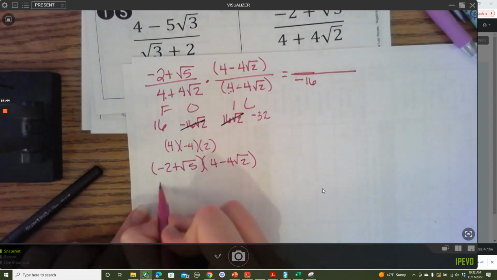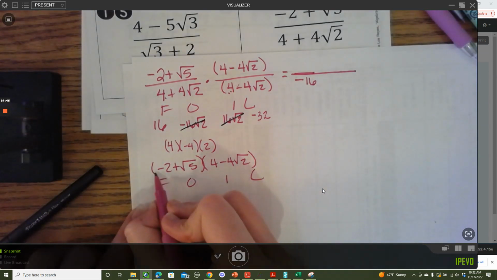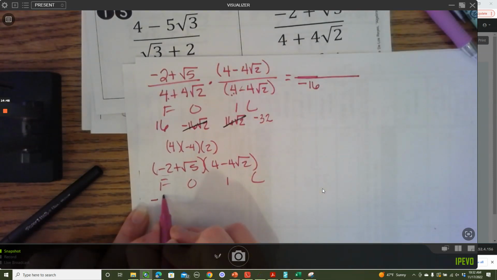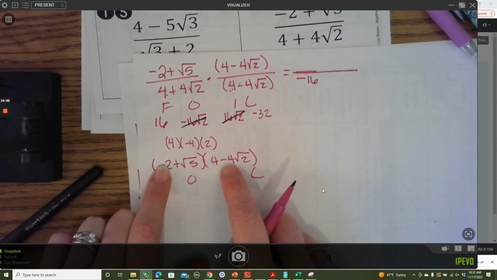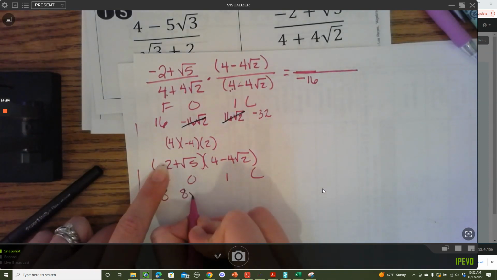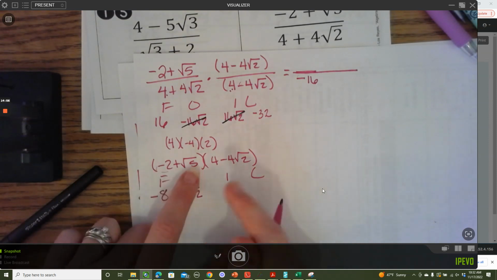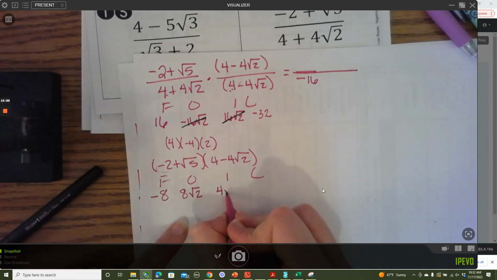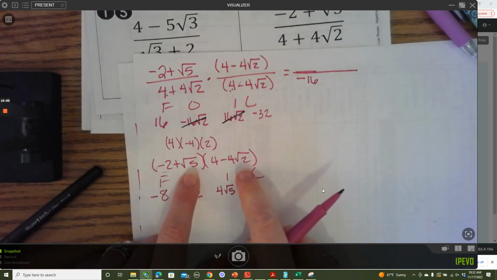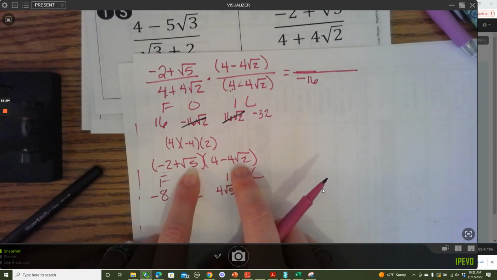All right. FOIL. Negative 2 times 4 is negative 8. Negative 2 times the negative 4 is a positive 8. Tack the square root on the end. Square root of 5 times 4. Smush them together: 4 square root of 5, and negative 4 times the square root of 2.